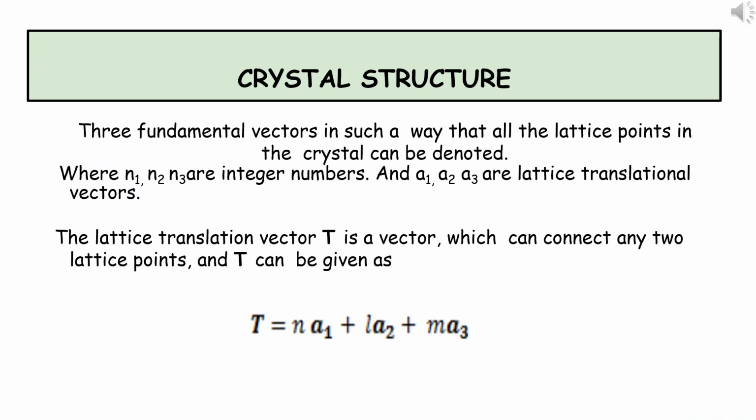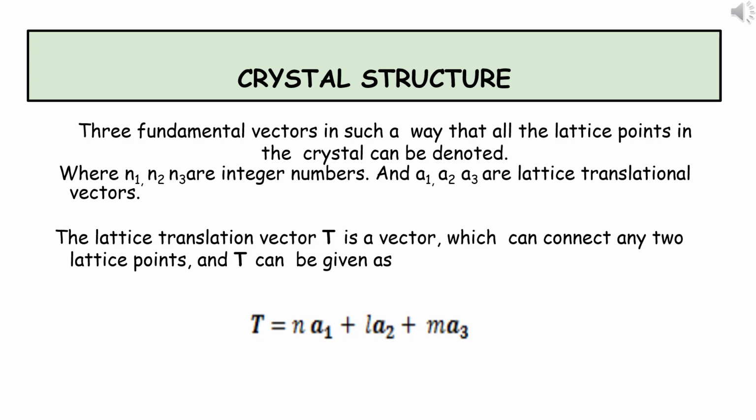Now, in a crystal structure, how do we describe it? Basically, there are three fundamental vectors in a crystal lattice. Here n1, n2 and n3 are integers, and a1, a2 and a3 are lattice translational vectors.